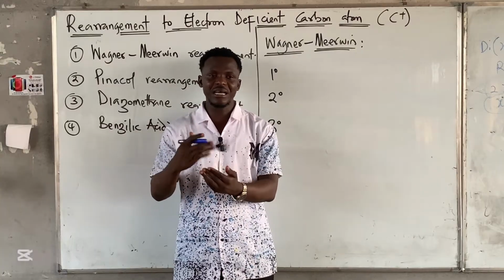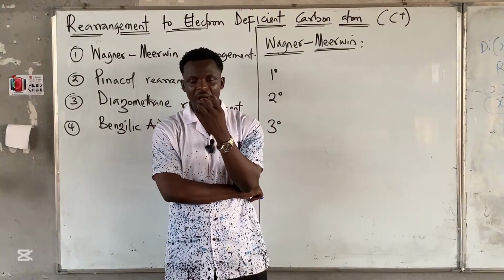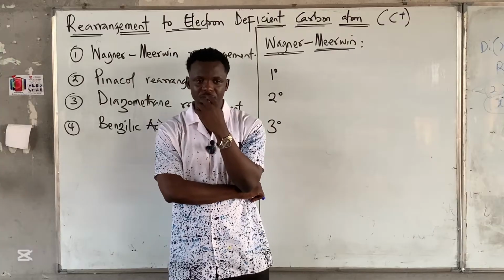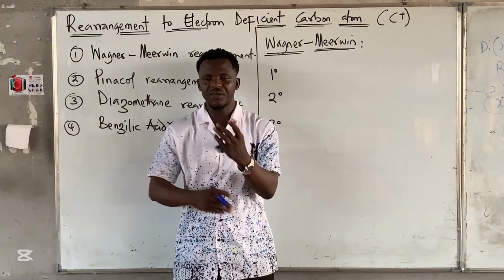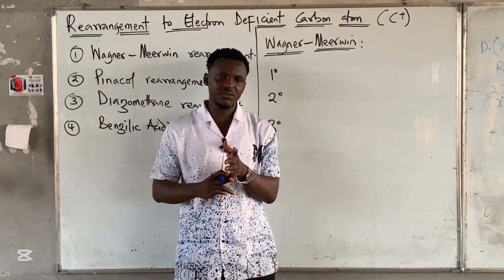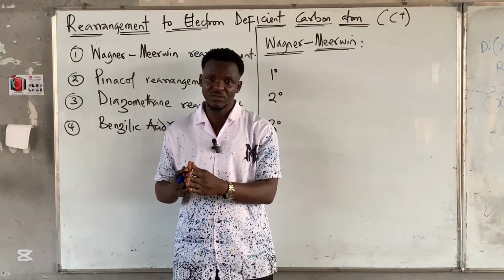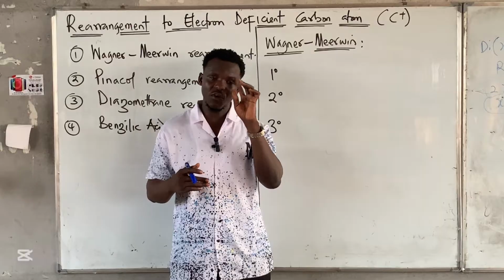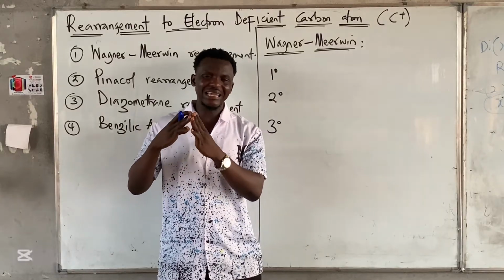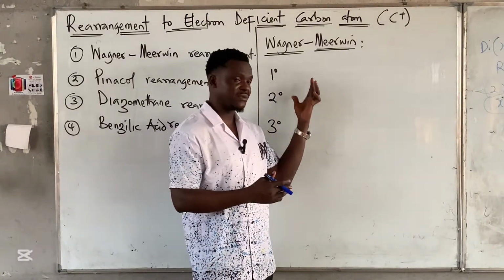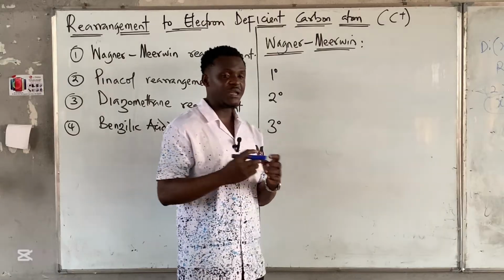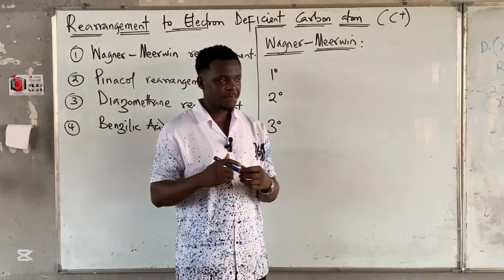If the intermediate that is forming happens to be a carbocation, in organic chemistry we have a series of intermediates: we have radicals, radicals could be an intermediate, we have anions, and we have carbocations. So imagine a case whereby you form an intermediate that is a carbocation, that is a carbon bearing a positive charge, okay?